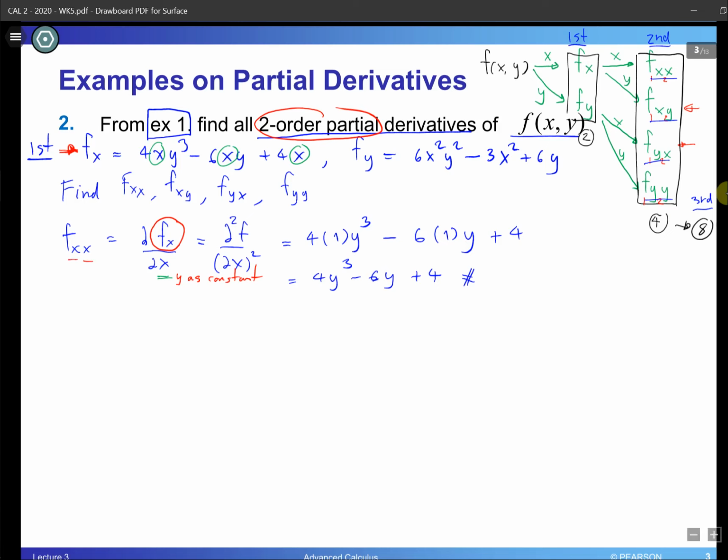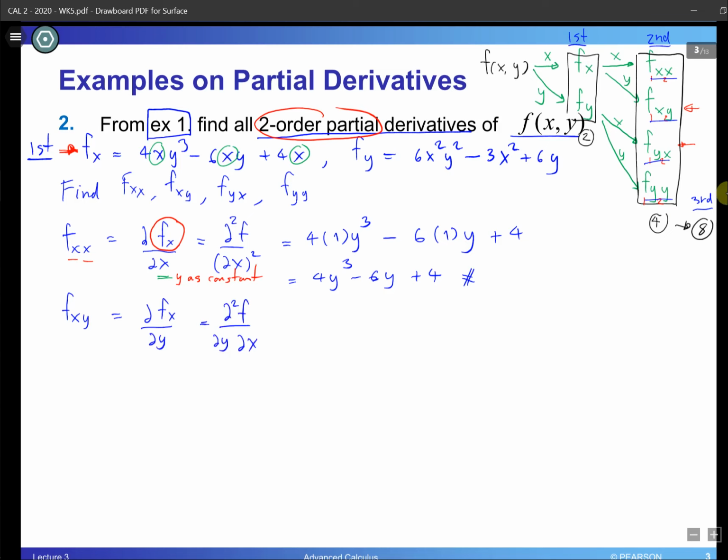Okay, now let's move to the next one, which is fxy. Here we are going to partial diff fx with respect to y. So this can be expressed as the second order partial diff of f with respect to x first and then y. Pay attention to this.